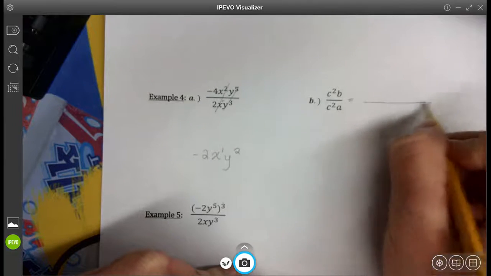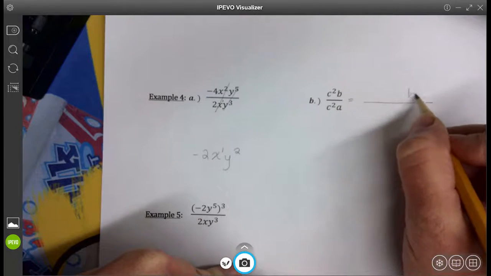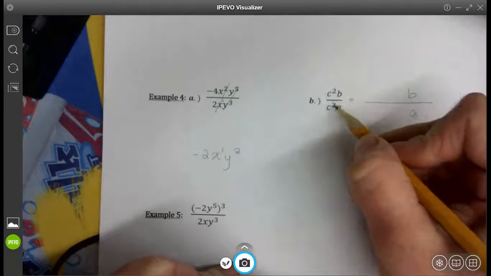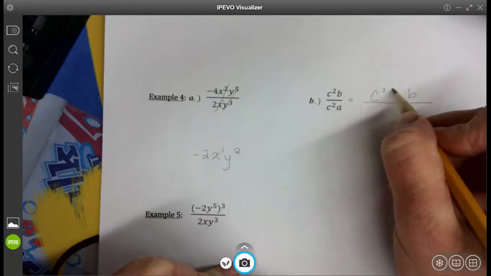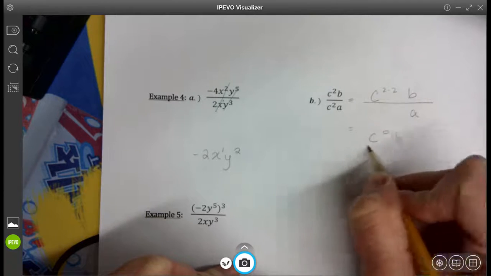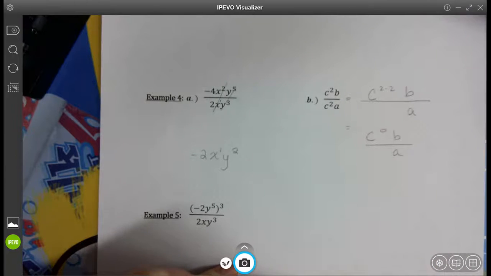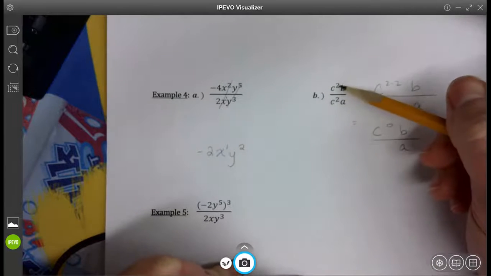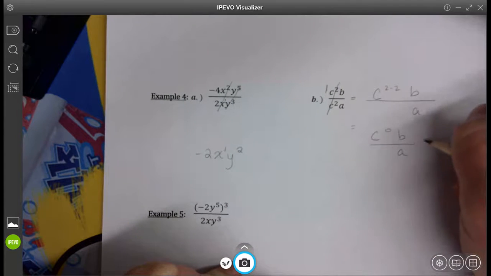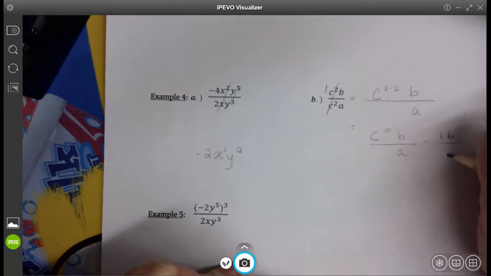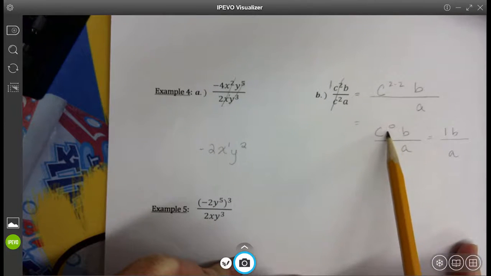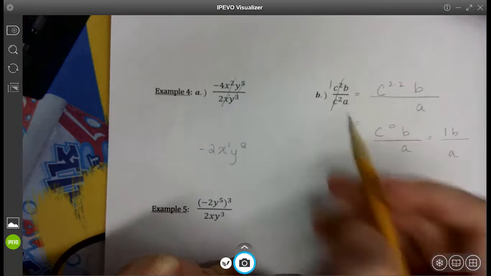Here, there's no other b, there's no other a. 2 minus 2 is 0. But also, c squared divided by c squared is just 1. So we can say any base raised to the 0 power is 1.